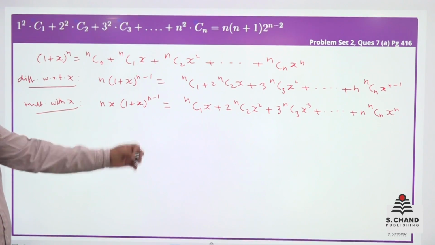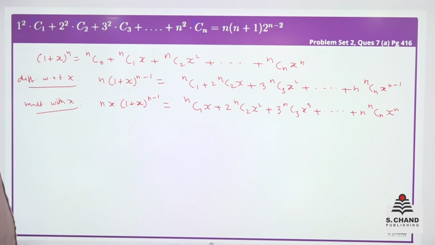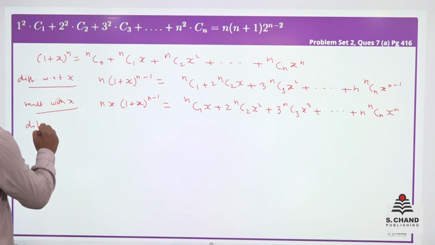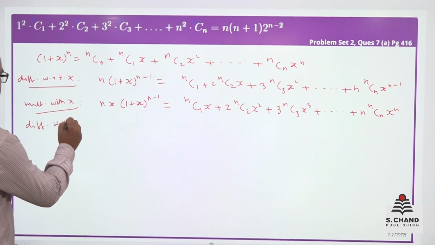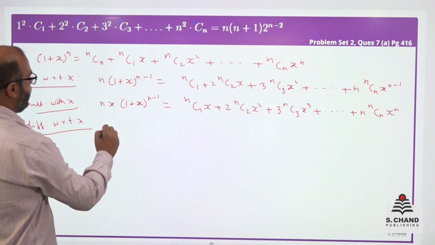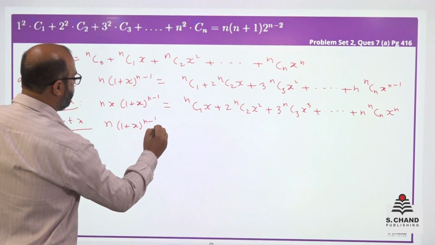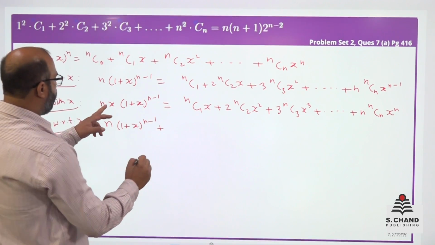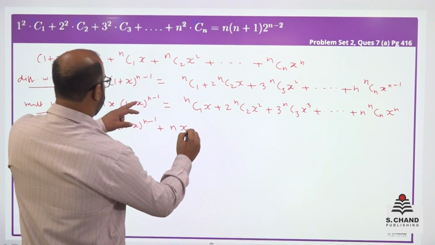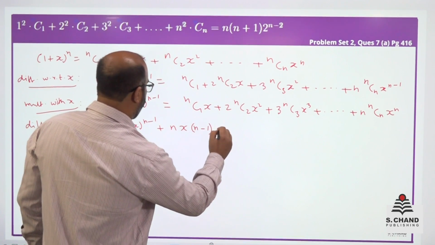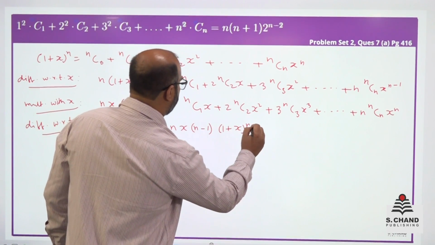Now after getting this, let us again differentiate both the sides with respect to x. So here n is a constant, x differentiation is 1 plus x to the power n minus 1, and by product rule now nx will be taken as it is, n minus 1 into 1 plus x to the power n minus 2.